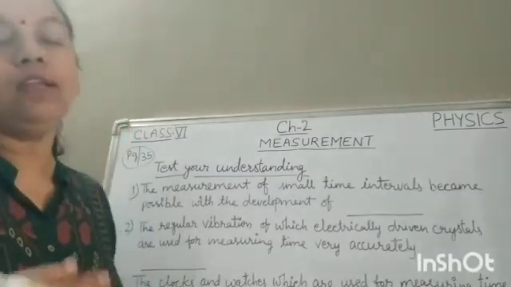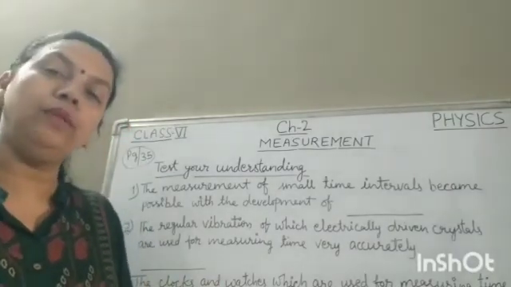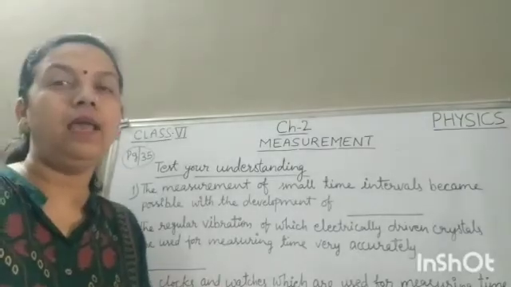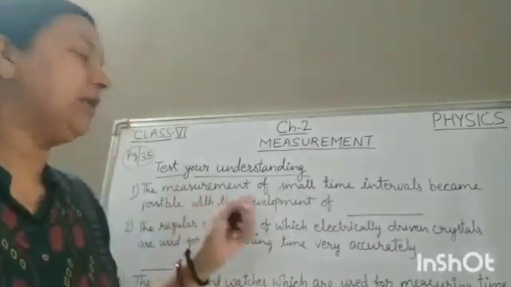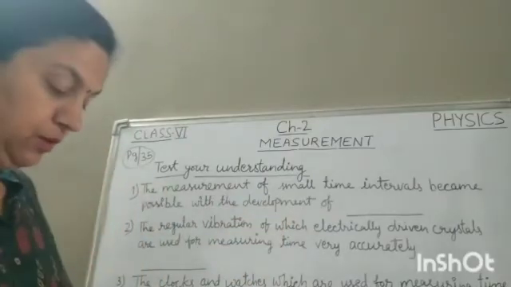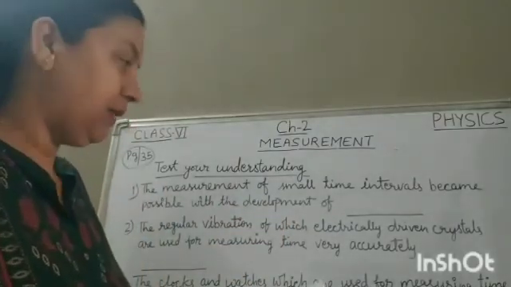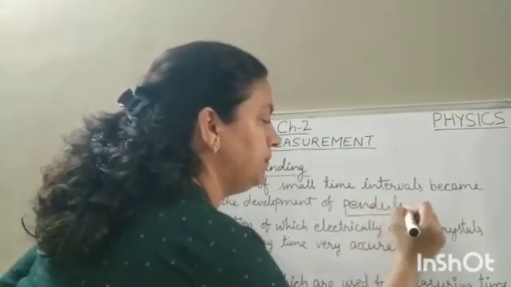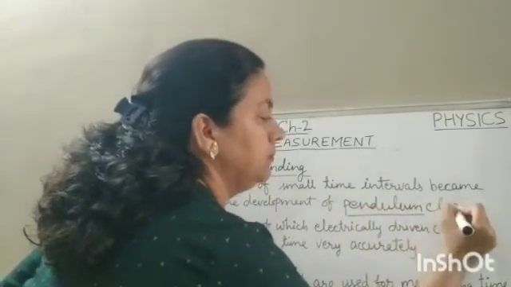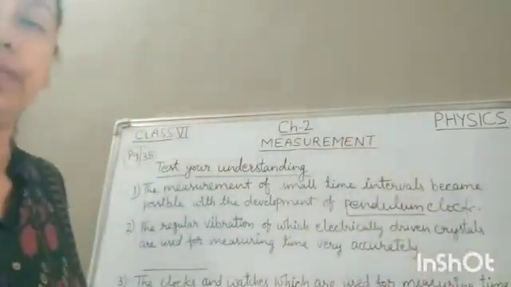And clocks and watches are the most common devices for measuring time used by us. Okay, so the answer will be pendulum clock. This will be the answer.